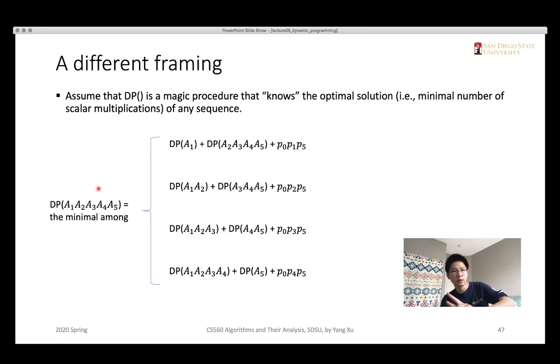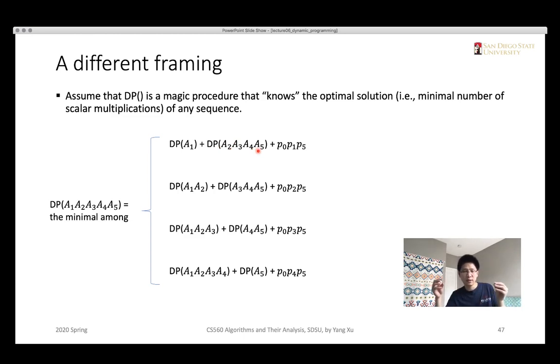So the global solution, the final solution to this original problem, must be the minimum among these four, right? And again, let's look into these subproblems. The dp on this subchain from A2 to A5 also has an optimal substructure, right?